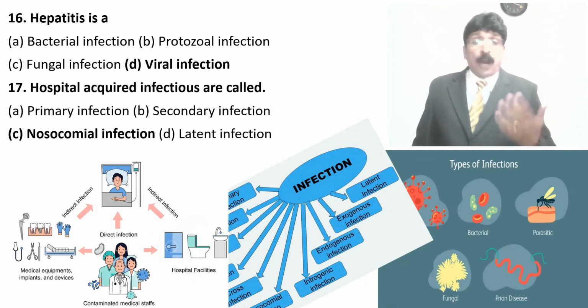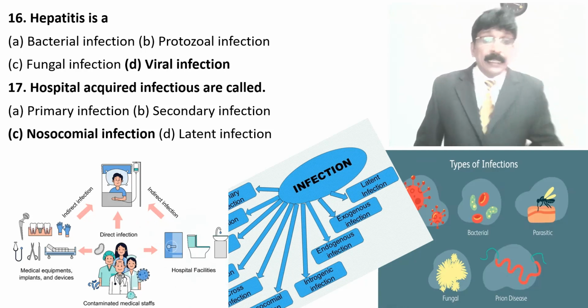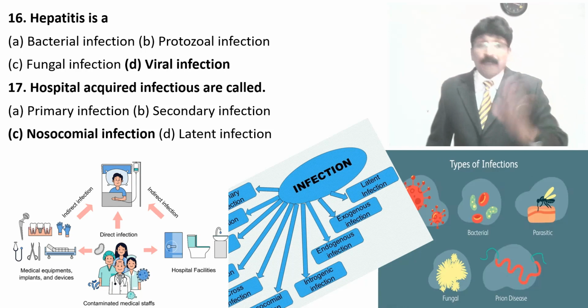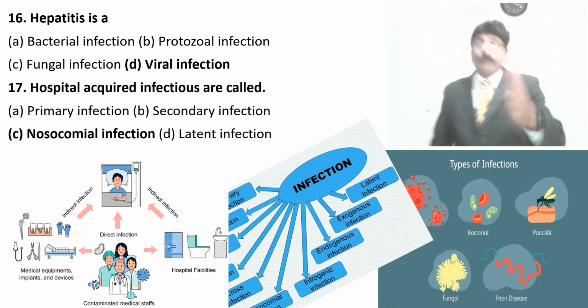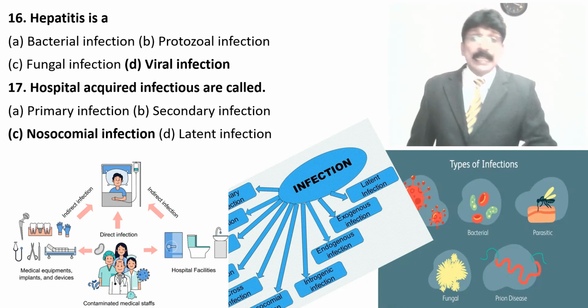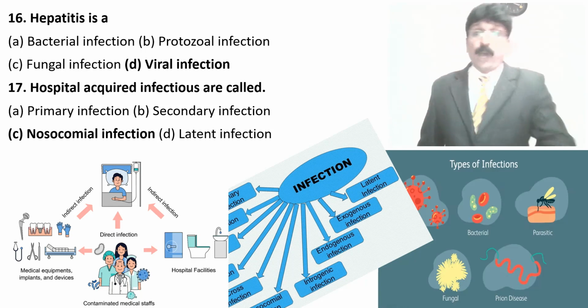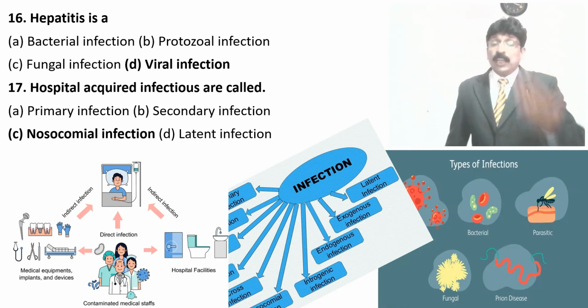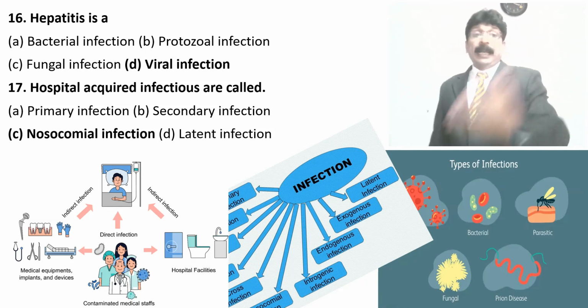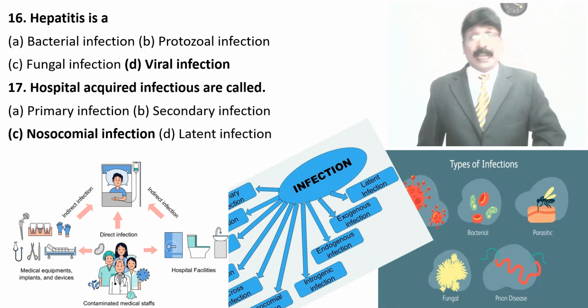How can it occur? Contaminated medical staff and visitors can also give a chance of communicable viruses, communicable bacteria, communicable diseases in hospital facilities which you are using, like the toilet, wash basin and whichever else you are using there. It can infect the patient directly or indirectly.